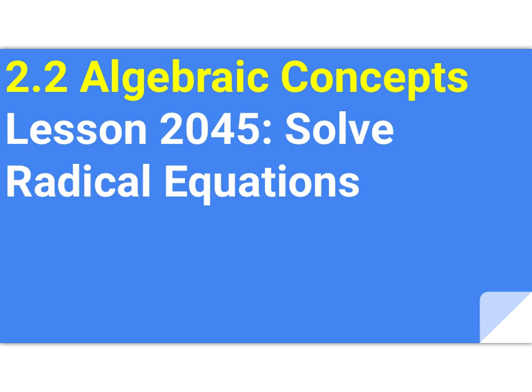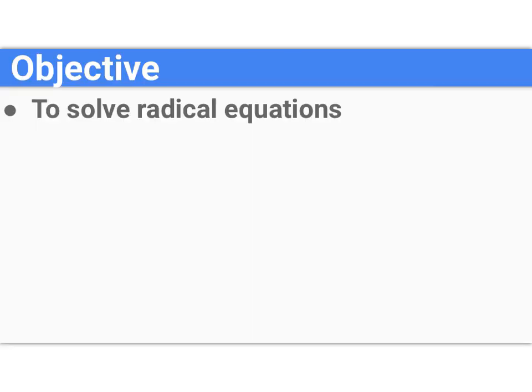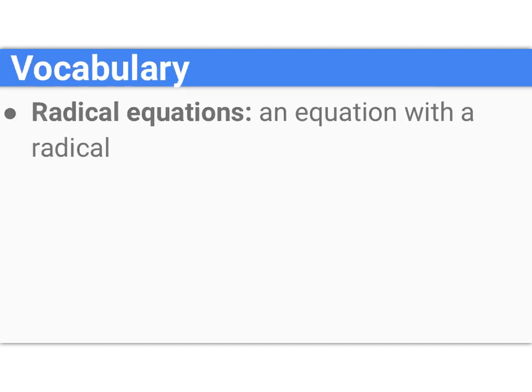So we saw a little bit of this in literal formulas and literal equations, the last lesson, but I'm going to go a little further and explain why we do what we do. Okay. So solve radical equations, an equation with a radical.